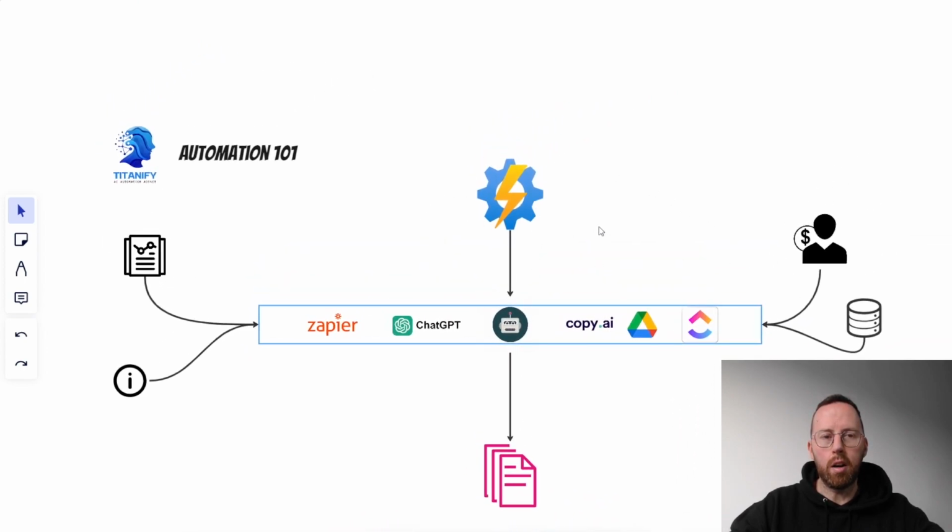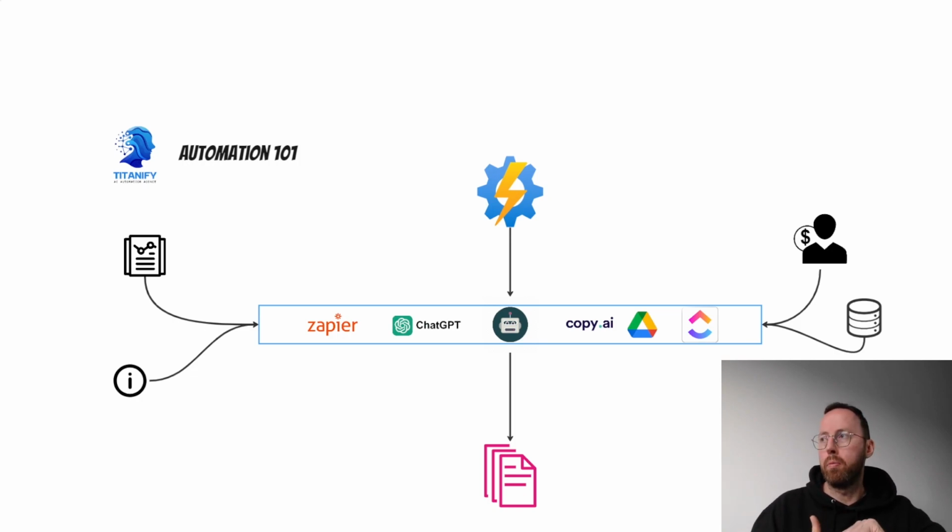First of all, it starts with a trigger on the top there. And this can be anything. Maybe it's a timer. Maybe you want an automation that runs every day, every minute even. But it can also be triggered by somebody sending you an email, or a task getting created.